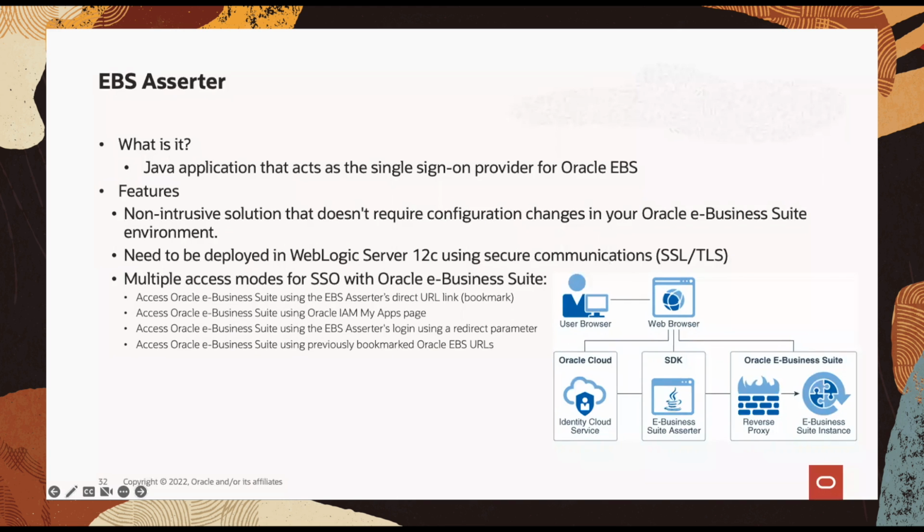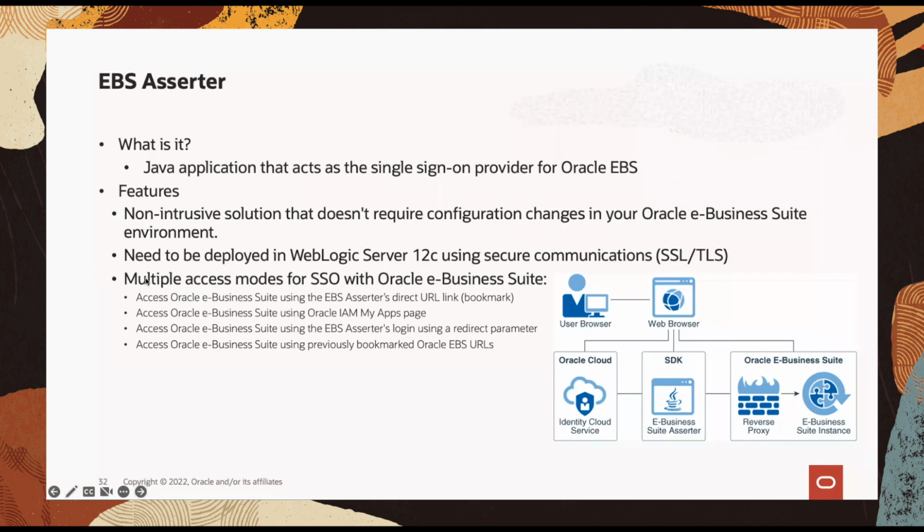This is because the EBS suite does not support SSO protocols like SAML 2.0 or OpenID Connect. These industry standard protocols are not supported by the EBS. So the EBS Asserter consumes the OIDC token generated by the OCI IAM, validates it, and then creates a session for the user in the EBS application.